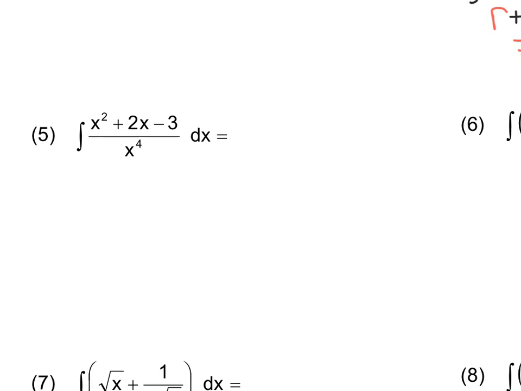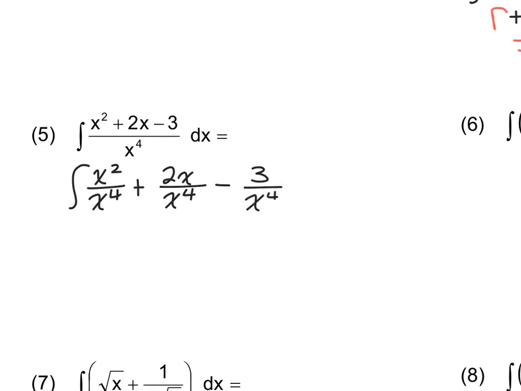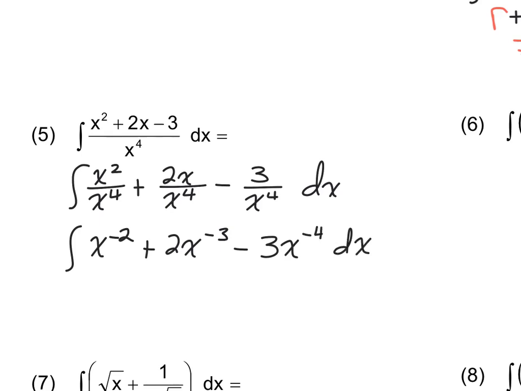But if I tell you that you can just break up the fraction into 3 separate fractions, and then simplify each one so that it goes to power rule form, you'd be looking at x to the negative second, doable by power rule, plus 2x to the negative third, also doable by power rule, minus 3x to the negative fourth, same deal.